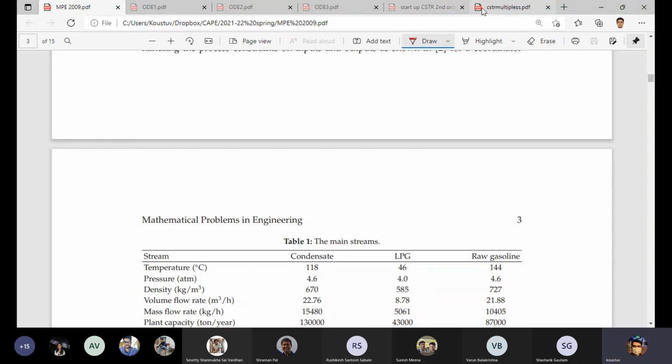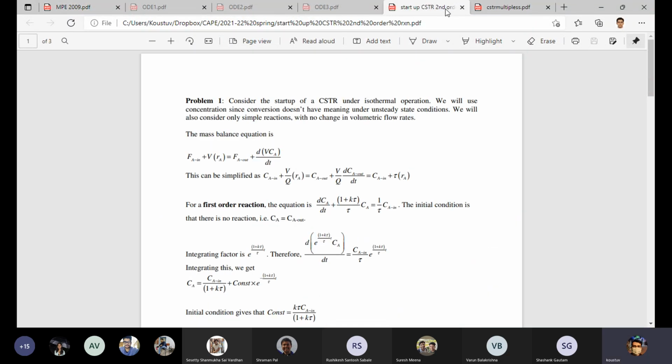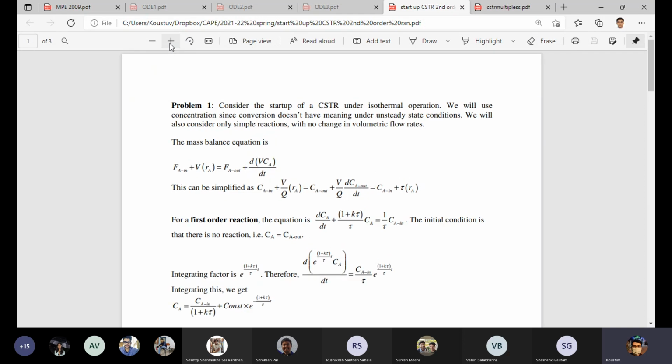One another example, you can consider it to be an ordinary differential equation example, but since we had looked at some unsteady phenomena or the transient behavior of reactors, we can also see that when we start a CSTR, though basically in isothermal mode, we can also do it for non-isothermal. In fact, we should do it for non-isothermal.